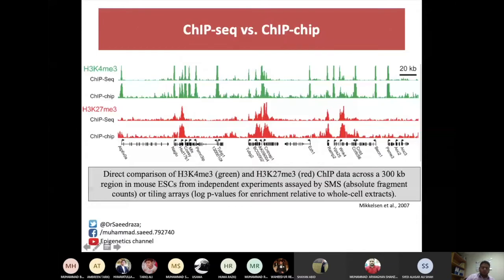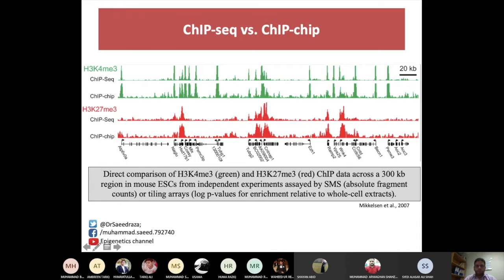There is a comparison of data from two different kinds of techniques. Quickly, because we will go further, these are ChIP-seq versus ChIP-on-chip data. These are two different techniques through which the same data was produced. Let me give you a quick overview of this slide. So the upper panel tells you about the experiment which was done through this ChIP, chromatin immunoprecipitation. So this is ChIP employed for H3K4 trimethylation. That means lysine 4 methylation on histone H3. So an antibody which could identify lysine 4 trimethylation on histone H3 was used.